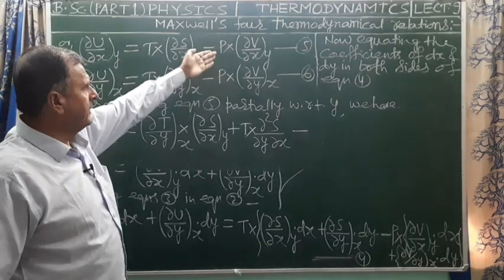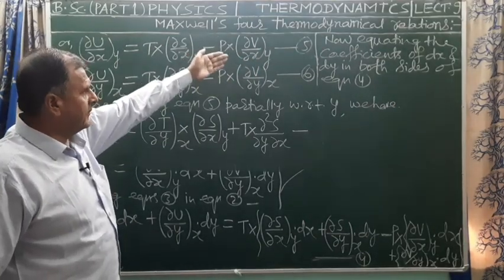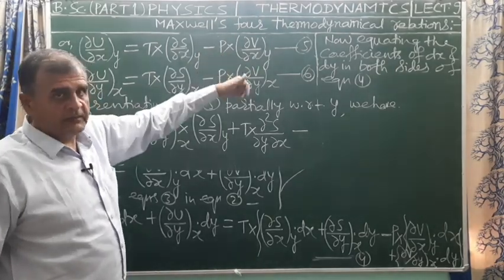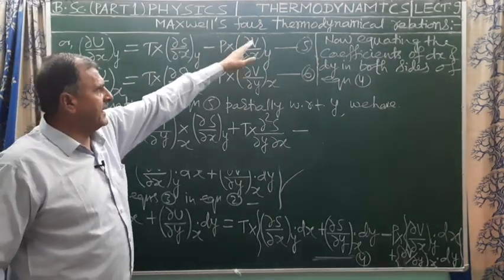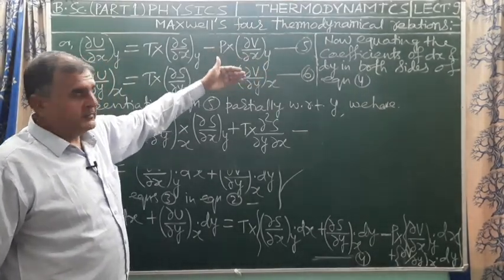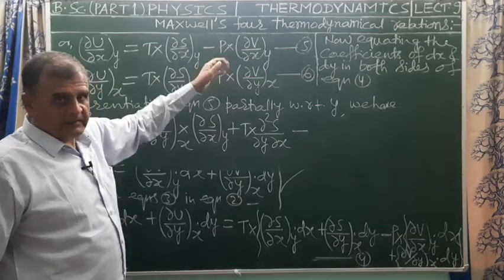So differentiating, it is also the product of two variables. So first term is P and second term is del V upon del x at constant y, and we have to differentiate it with respect to y.